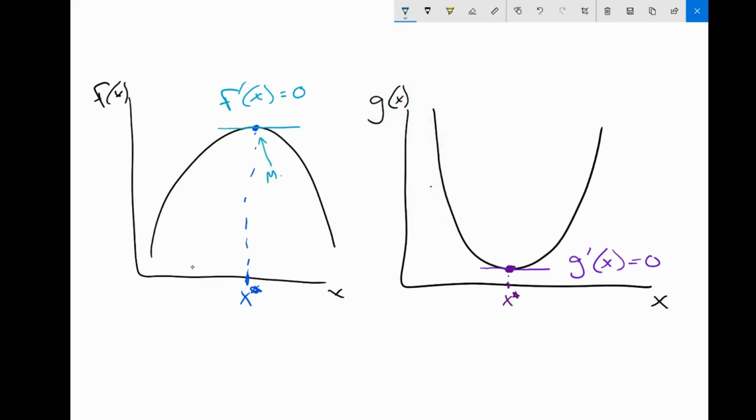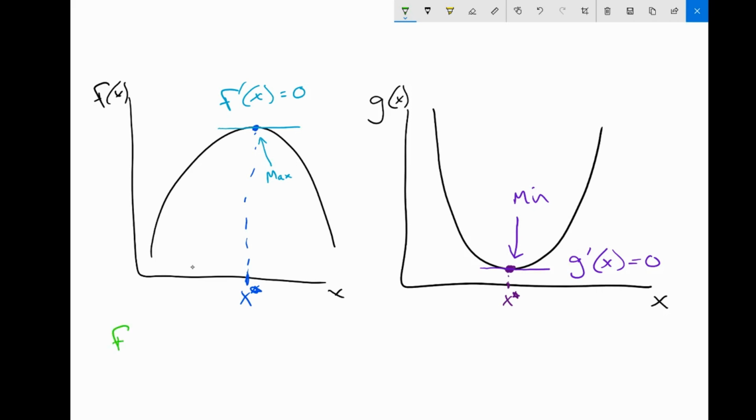This is a max. This is a min. But you can see that just because the derivative equals 0 doesn't mean it has to be a maximum. If the derivative equals 0, it could also be a minimum. So how would we distinguish between a maximum and a minimum? Well, let's do another bit of review.